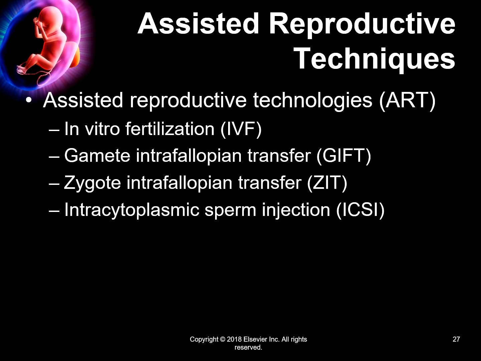The number of fertilized ova returned is individualized, but is approximately 2 to 3 based on the prognosis for success, balanced against the woman's risk of multifetal pregnancy.